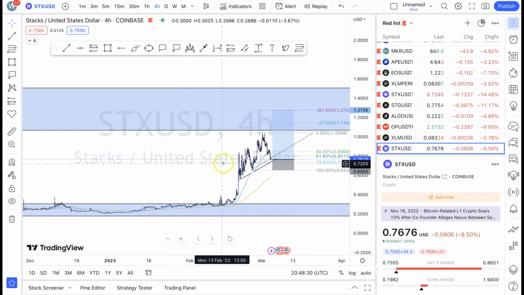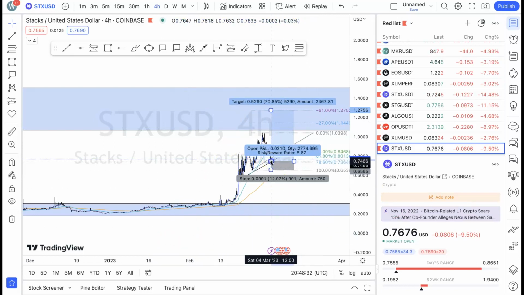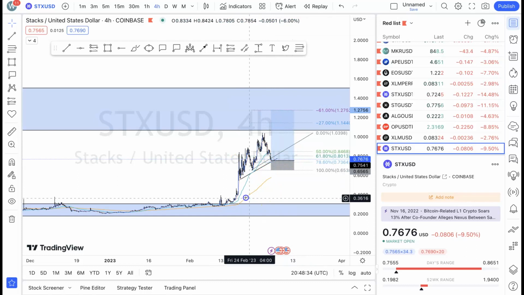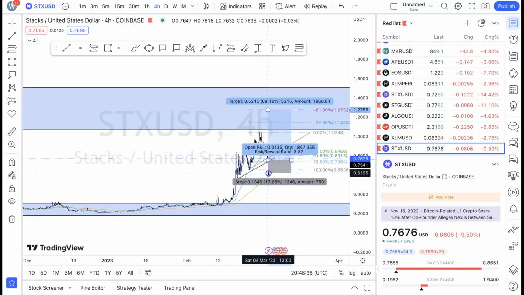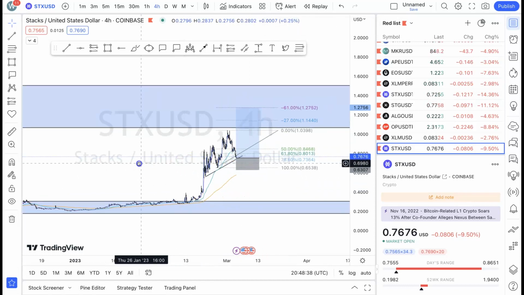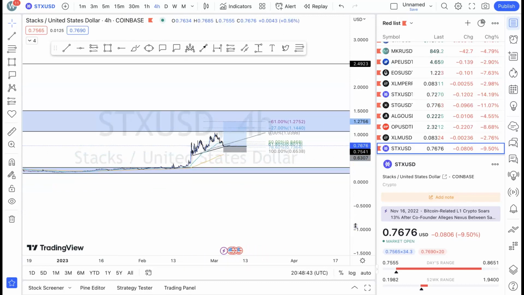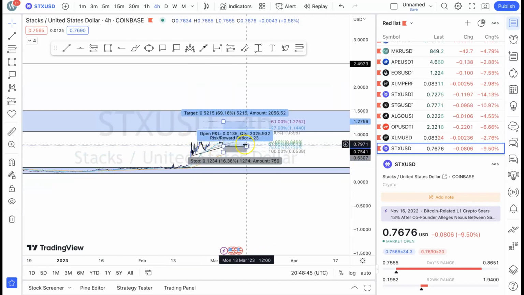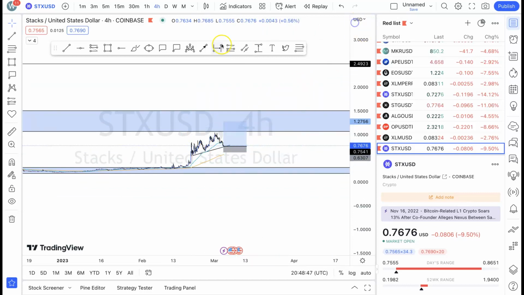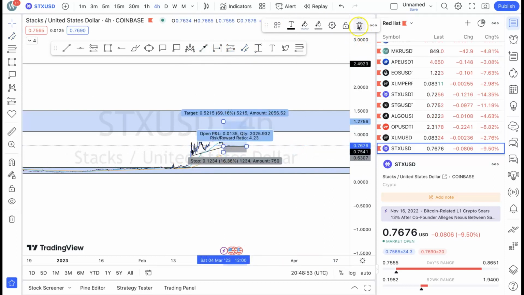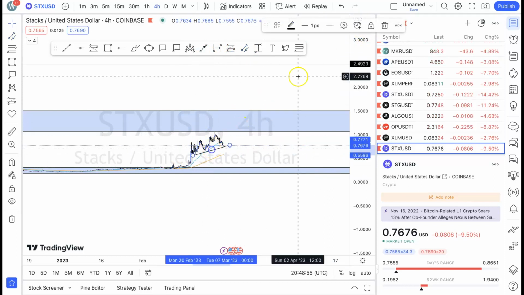So if I was lining up, this would be a great area to open my longs. Of course, my stop would be just below this structure level here, right? Looks really cool to me because it looks like we're in an ascending channel on Stacks.